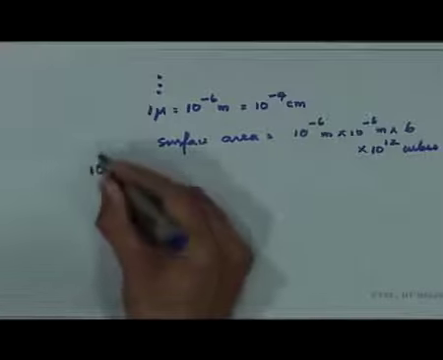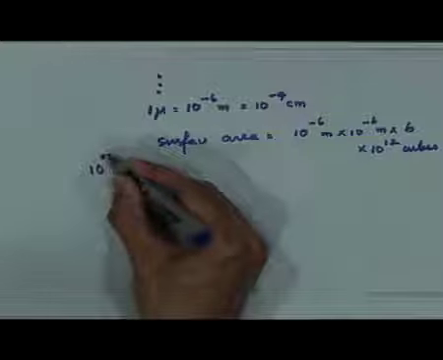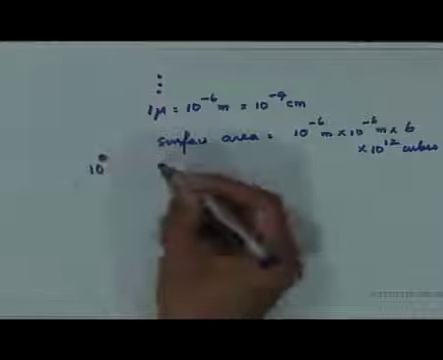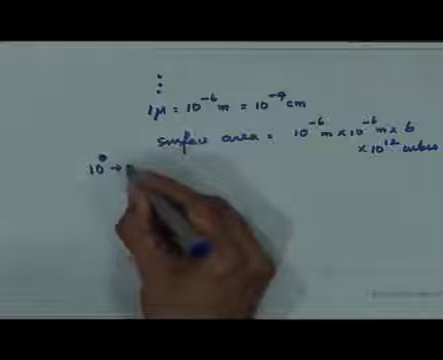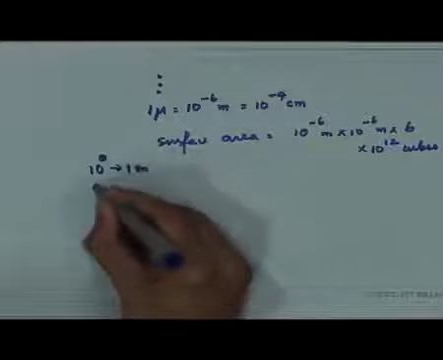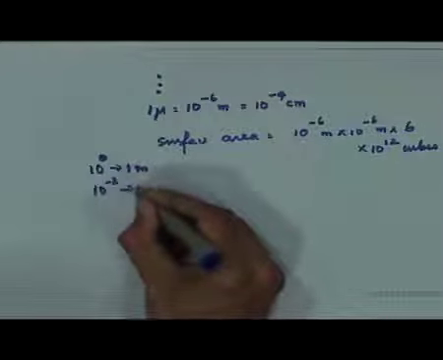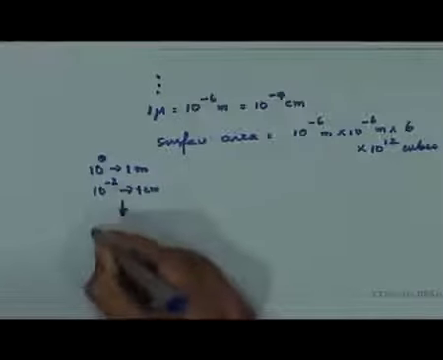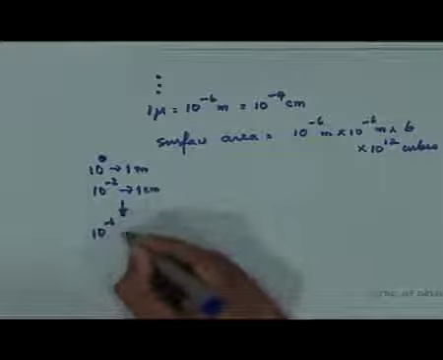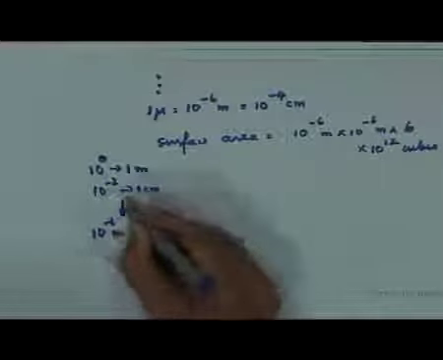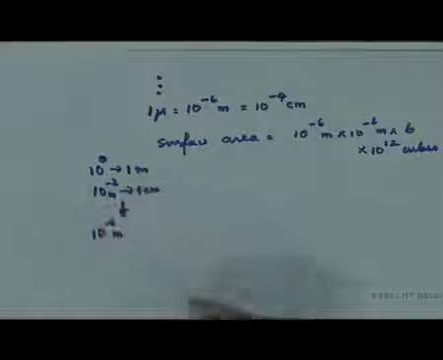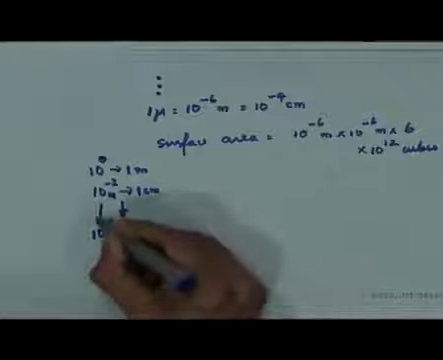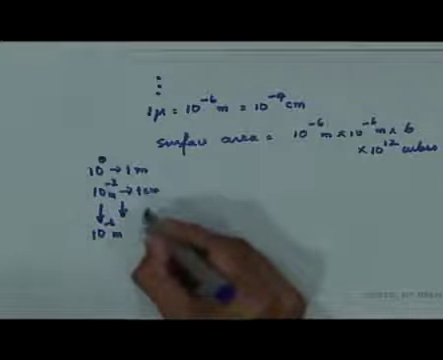I started with 10 to the 0, that is 1 meter, or 10 to the minus 2, which is 1 centimeter, and I went down to 10 to the minus 6 meters. So, that is a factor of 4, 4 orders of magnitude.